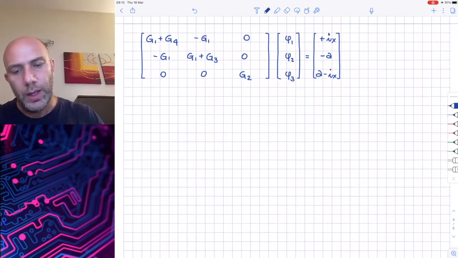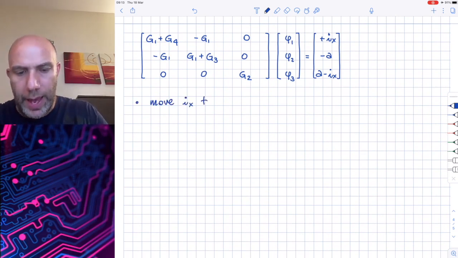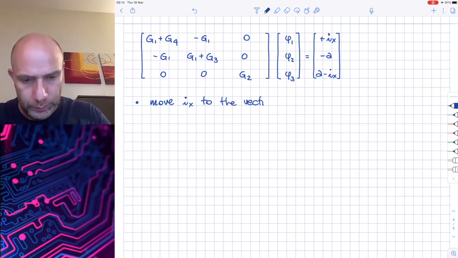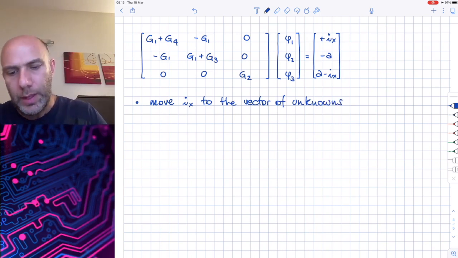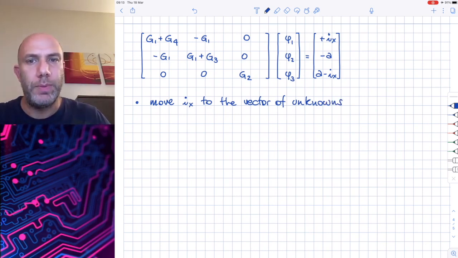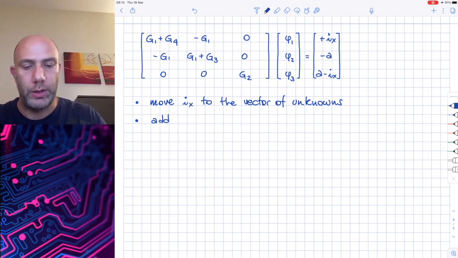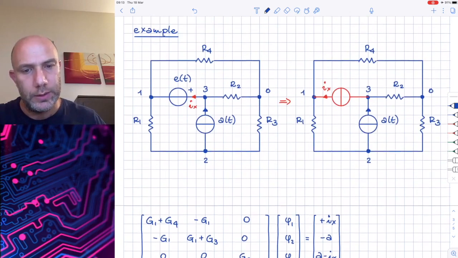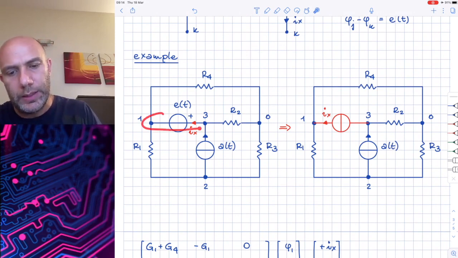So, the two steps that we still need to do is to move Ix to the vector of unknowns, and the second step is to add the equation of the voltage generator. That, in our case, let's have a look here at the original circuit, is phi 3 minus phi 1 equals E.